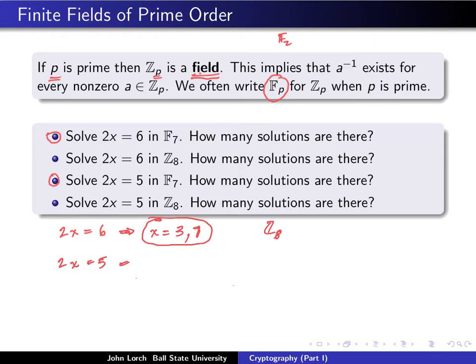And what you're going to find is that there is no solution. Okay, so the moral of this story is that there are real arithmetic benefits to working over a field like F7 as opposed to just some ordinary modular arithmetic like Z8.